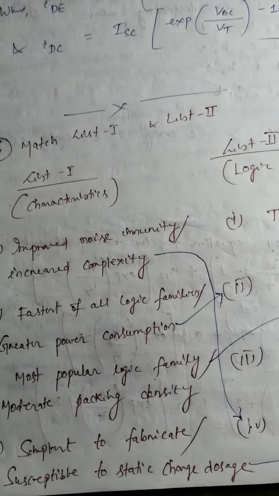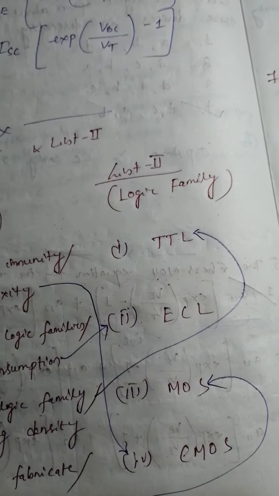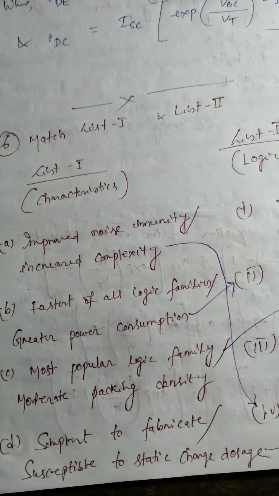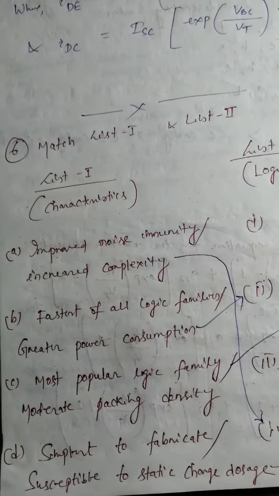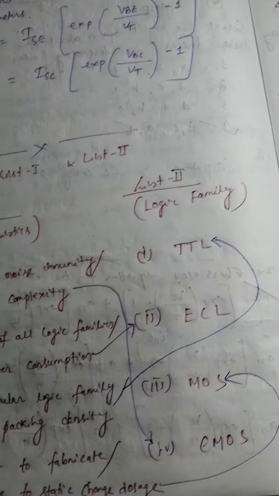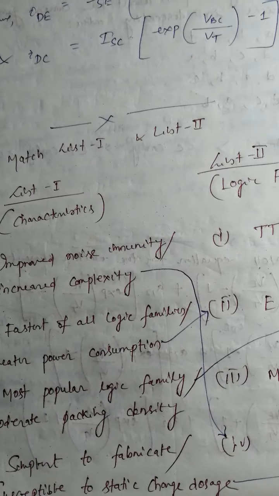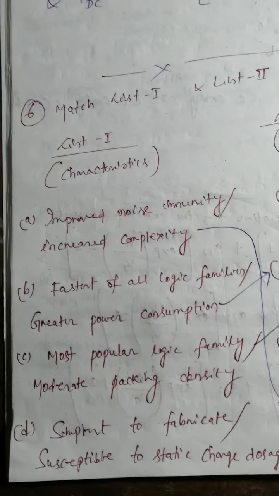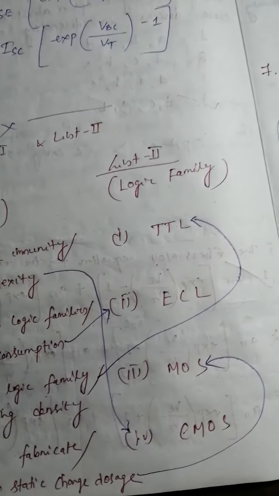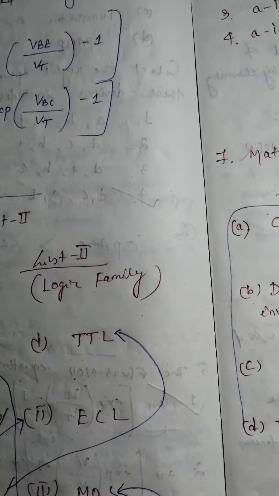Next, B: fastest of all logic families or greater power consumption is for ECL, emitter coupled logic. Then C is most popular logic family or moderate packing density. This is for TTL, transistor-transistor logic. And D is simplest to fabricate or susceptible to static charge doses. This is for MOS, that is simple metal oxide semiconductor.